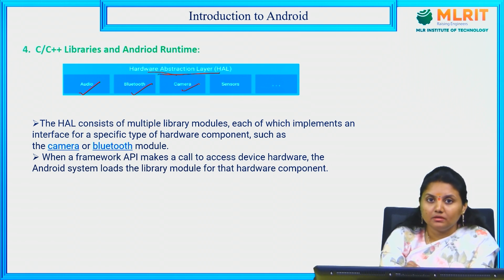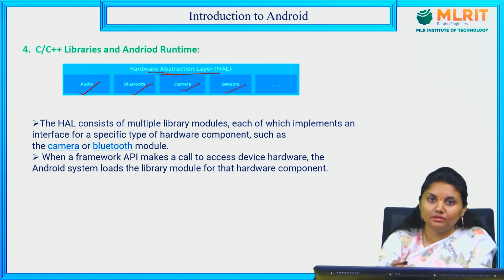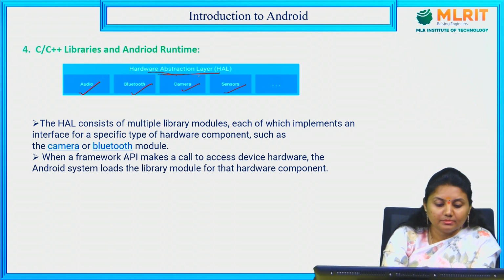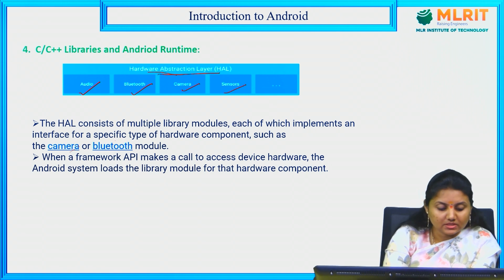And camera, every Android phone has a camera. And sensors, like if you want to attach external devices such as IoT devices to your Android phone, then also you can use this. So the hardware abstraction layer consists of multiple library modules, which implement the interface for specific types of hardware components such as camera or Bluetooth.